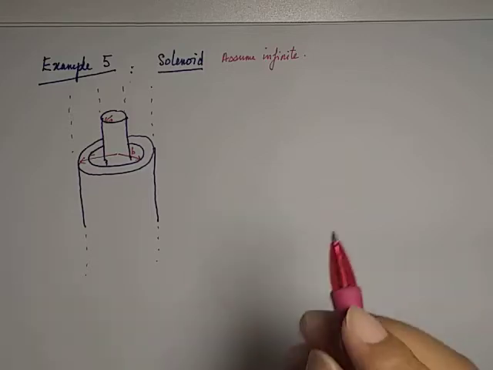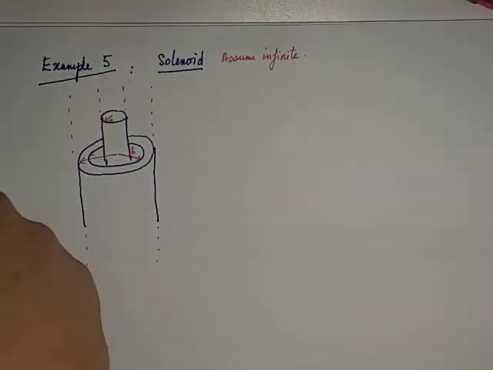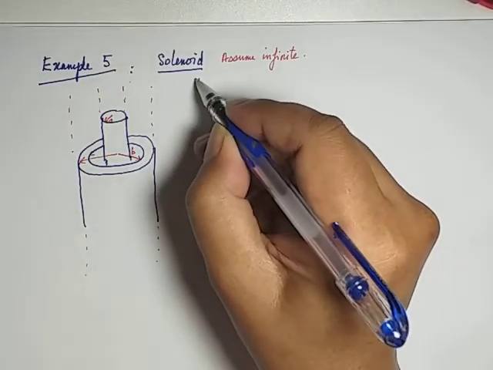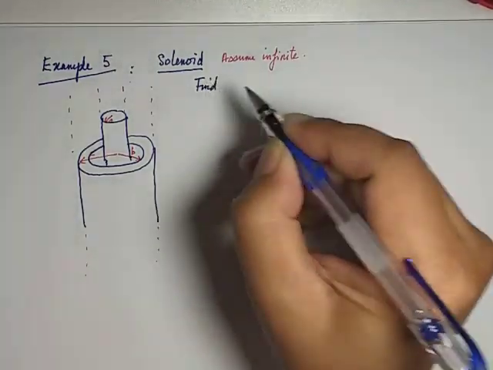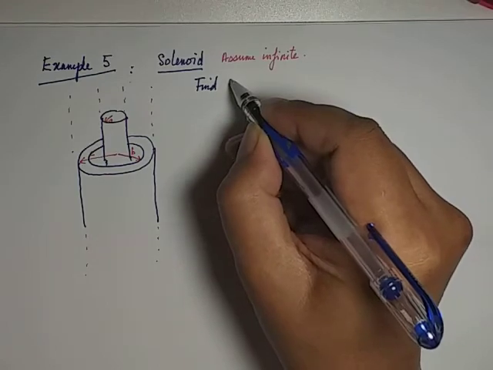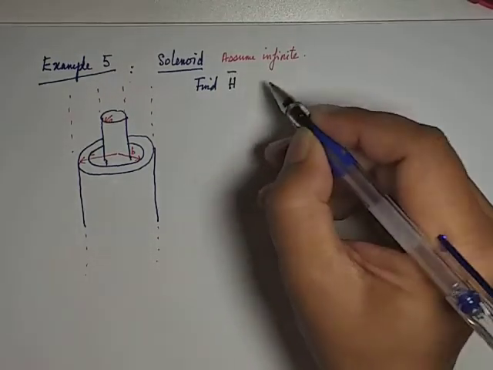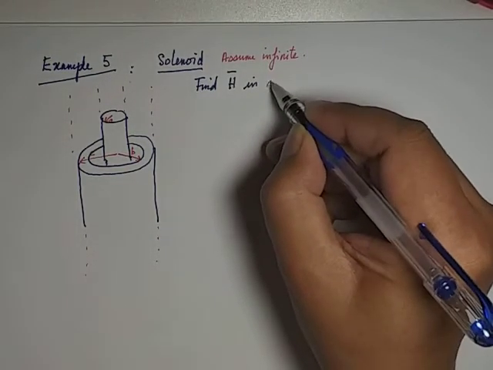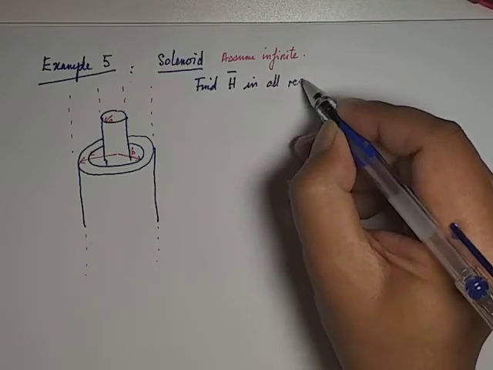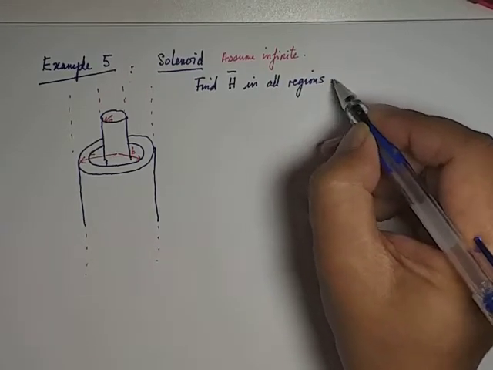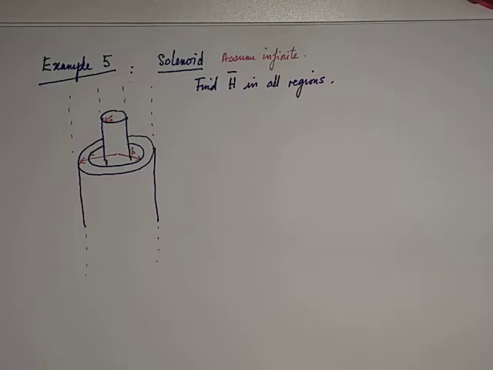So what should be our objective here? Find H in all regions. So that should be our problem. Find H, which is the magnetic field intensity, in all regions. Sorry, that should be the problem. Now let's proceed now solution wise.